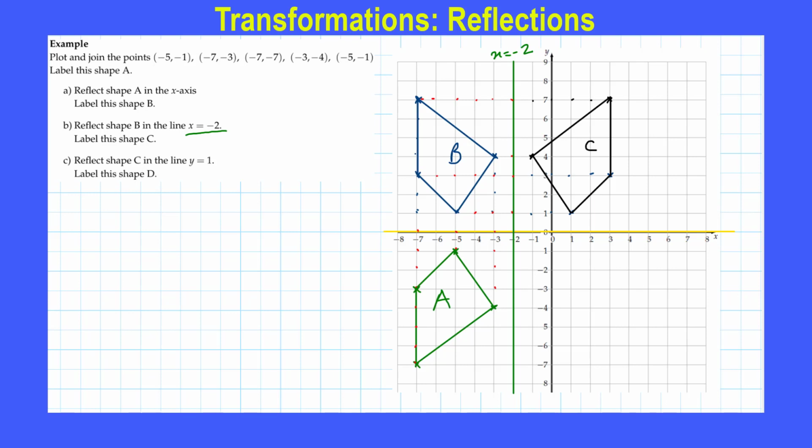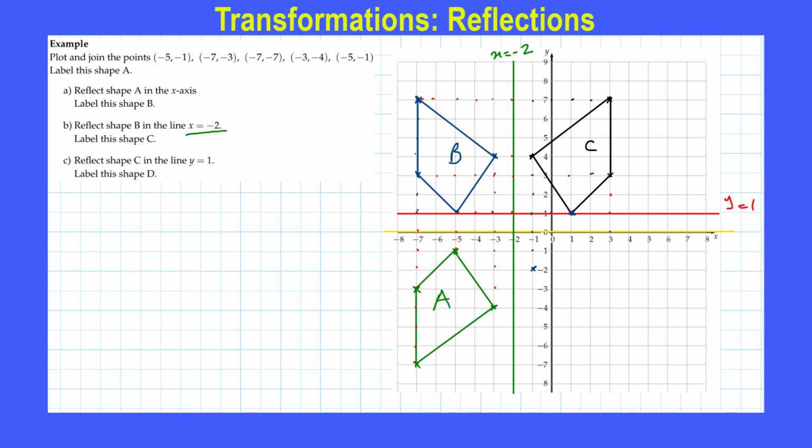The last one, we have to draw the line y equals 1. So y equals 1, horizontal line going through 1 on the y-axis, and now we reflect everything about that line. Now if the point was on the line, it stays there, it doesn't do anything, so we leave that exactly the same. Each of the other points, we do them one after the other. We count as far below that line as it was above that line. So this was 3 squares above, so it goes 3 squares below.